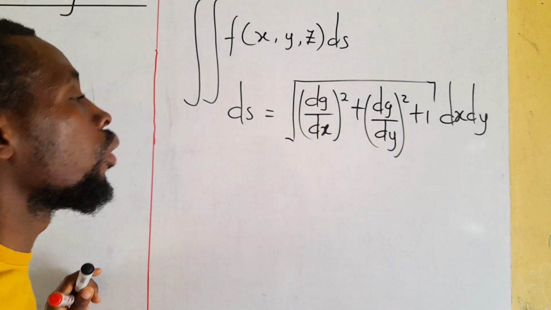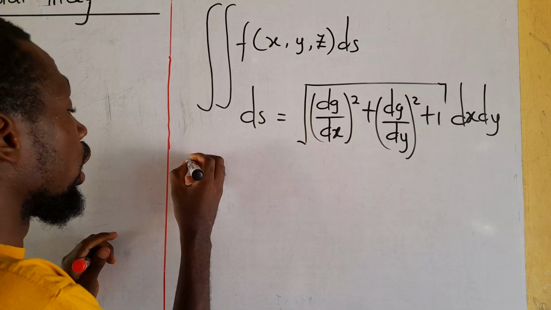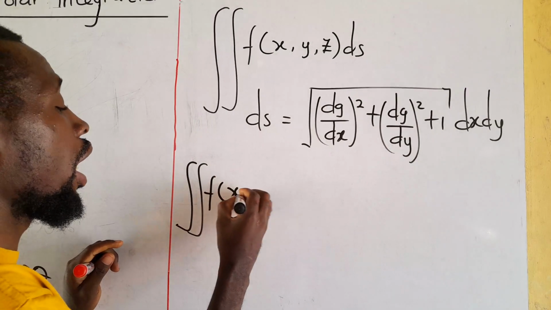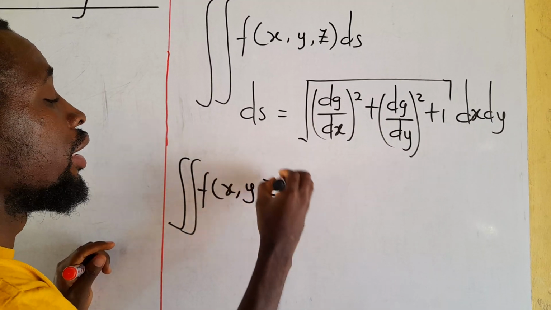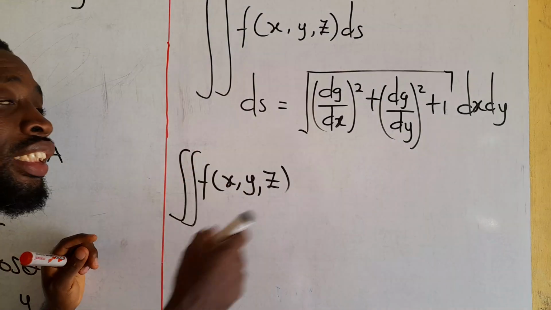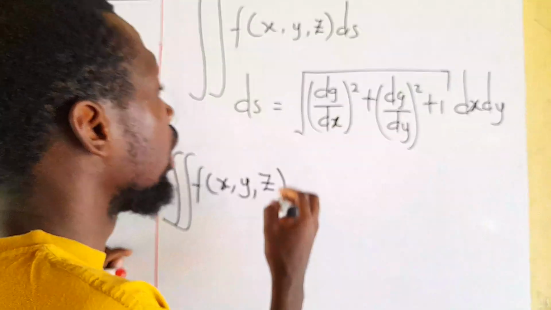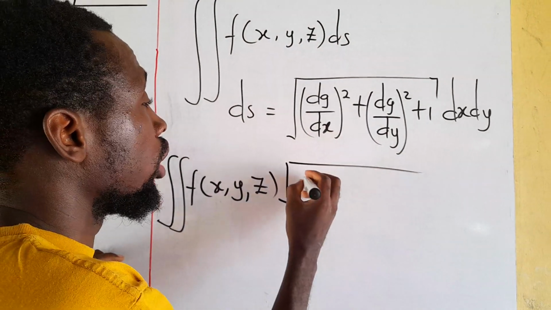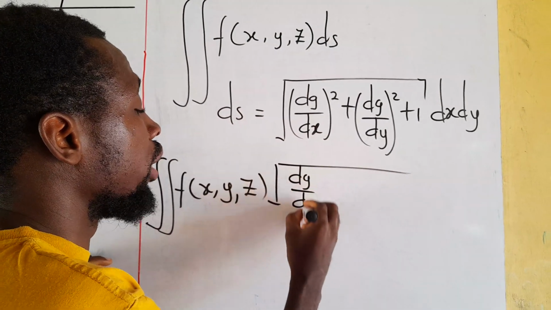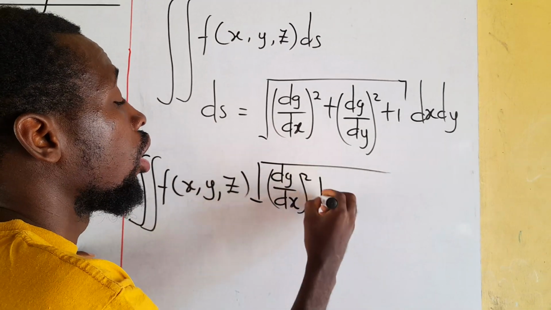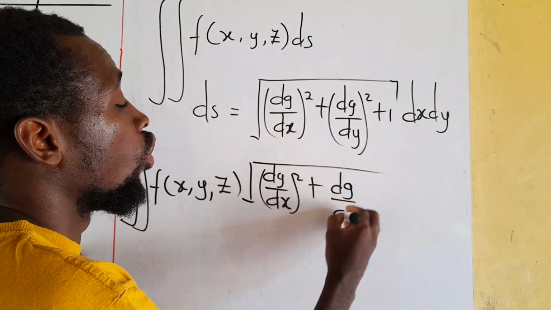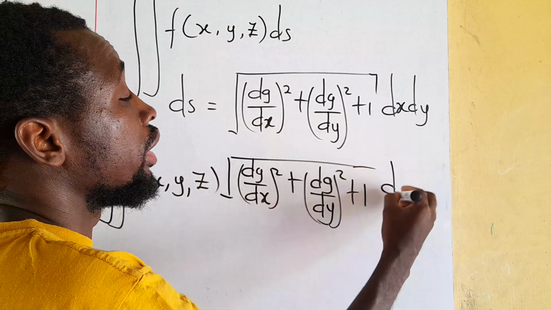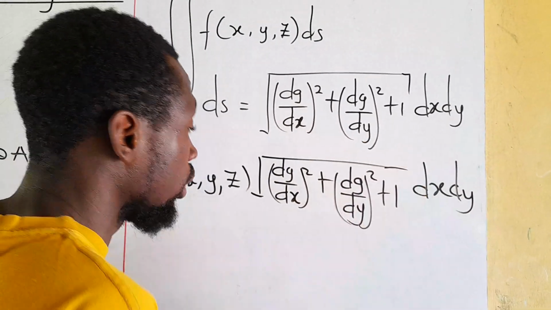So our double integral of f of x, y, and z, where z is another function of x and y, is the square root of (dg over dx) all squared plus (dg over dy) all squared plus 1, dx dy.